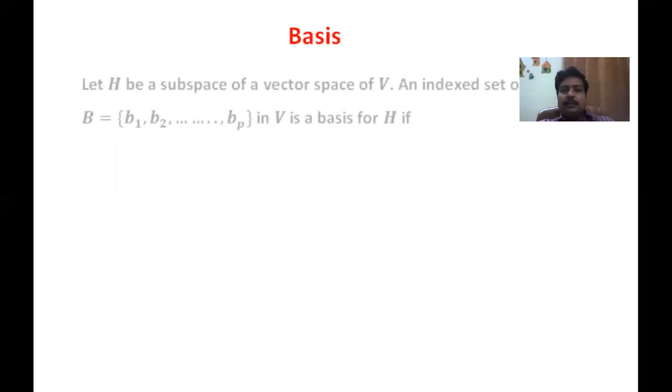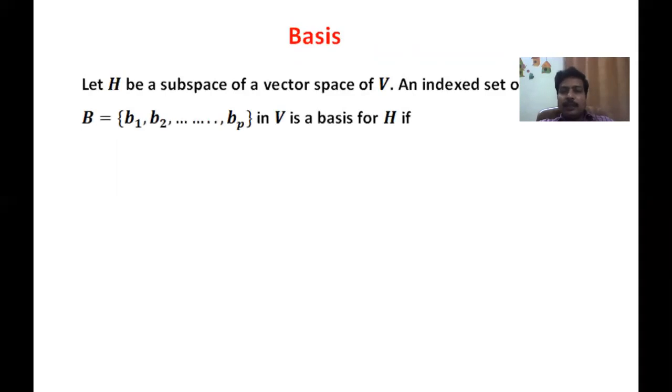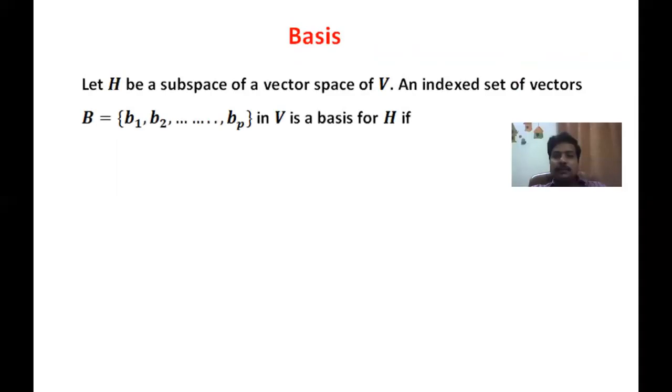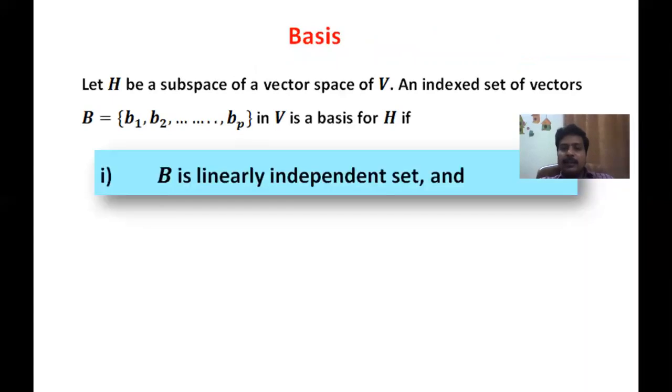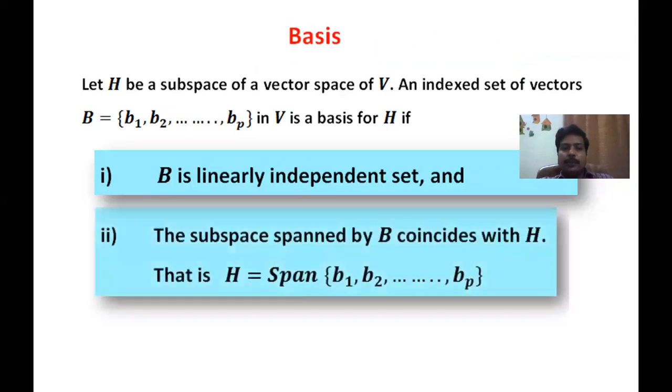And basis. Let H be a subspace of a vector space V. An indexed set of vectors B is equal to B1, B2 and so on Bp in the vector space V is a basis for H if two conditions hold. First one is B is a linearly independent set and second one is B should span H. That is H is equal to span of B1, B2 and so on.